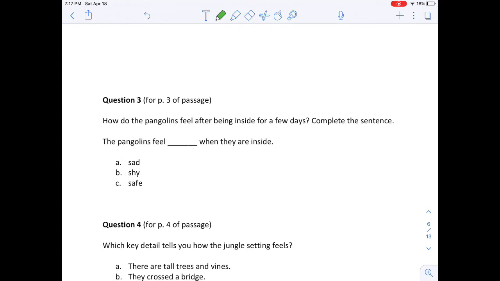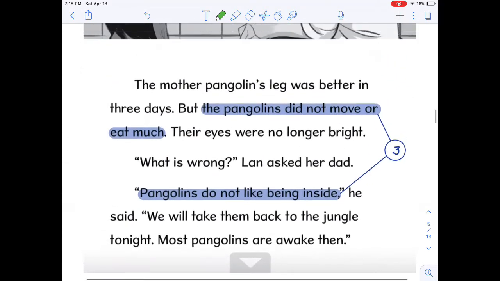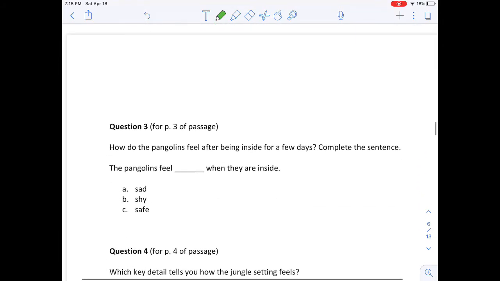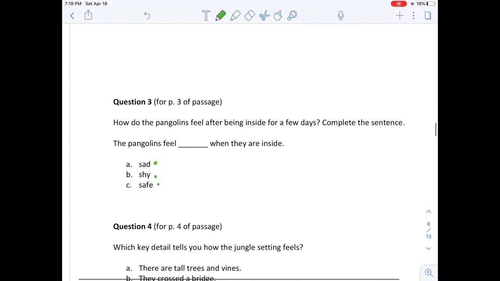How do the pangolins feel after being inside for a few days? Complete the sentence. The pangolins feel... let's go back and find it. Well, it says here in the text, the pangolins did not move or eat much. Pangolins do not like being inside. Well, it didn't exactly use the words sad, shy, or safe, but I bet we can infer what they're feeling right now.